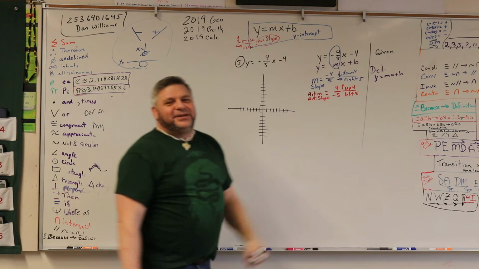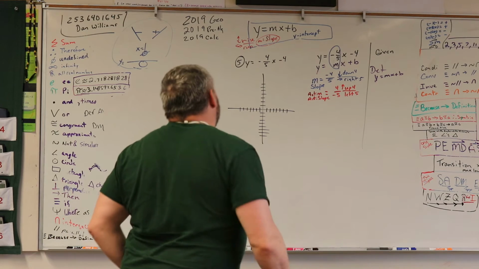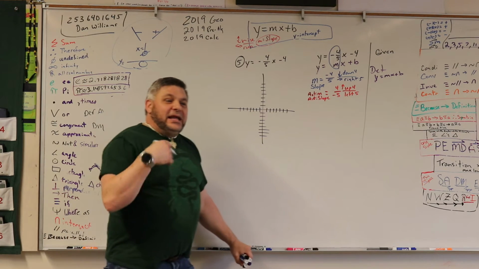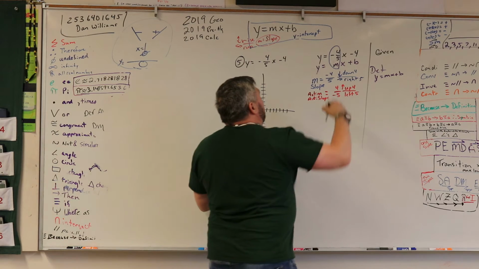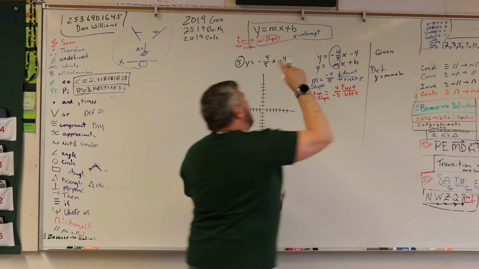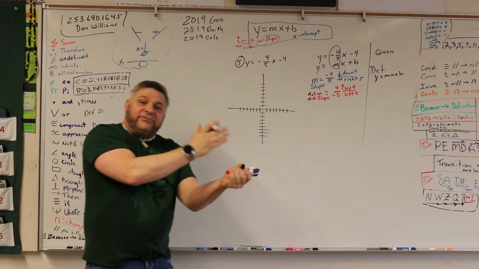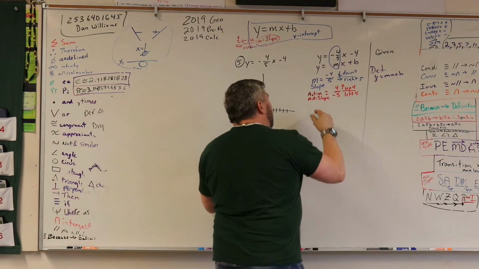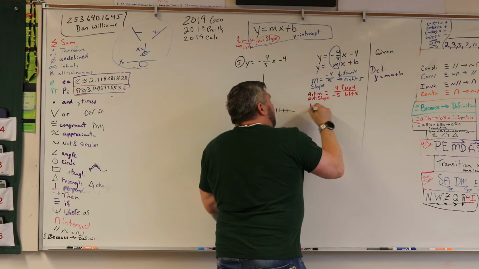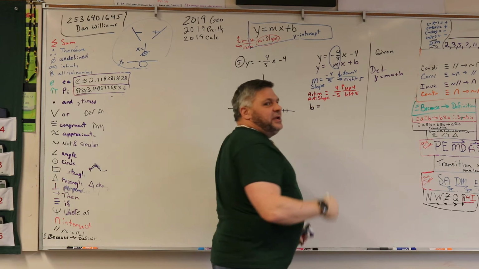Oh yeah, you guys, I don't care what they say about you. You're intelligent. All right, so m and b we're always looking for. You can graph any of these equations if you have m and b. b is your starting point. What is another name for b?